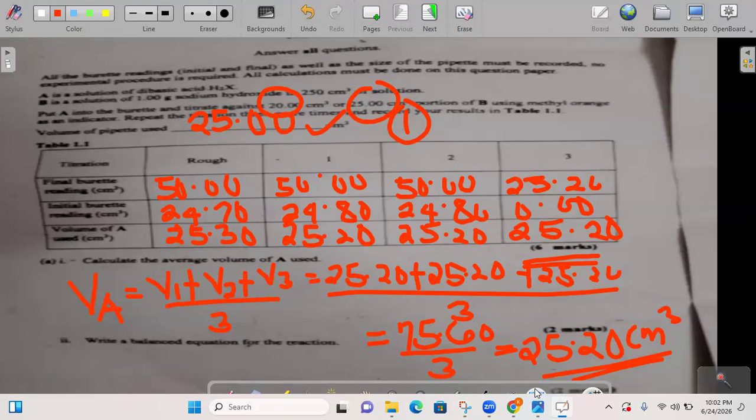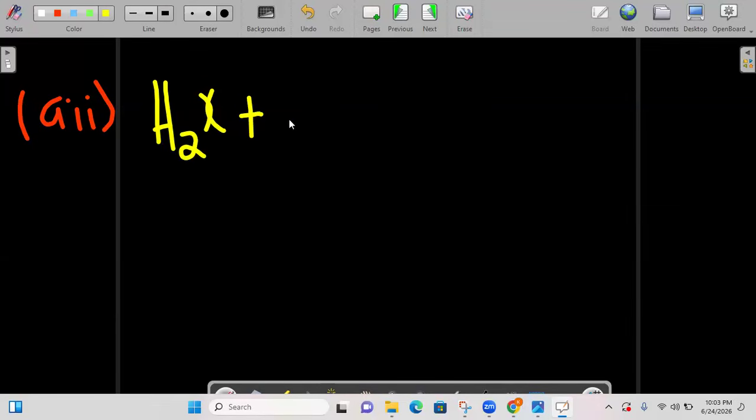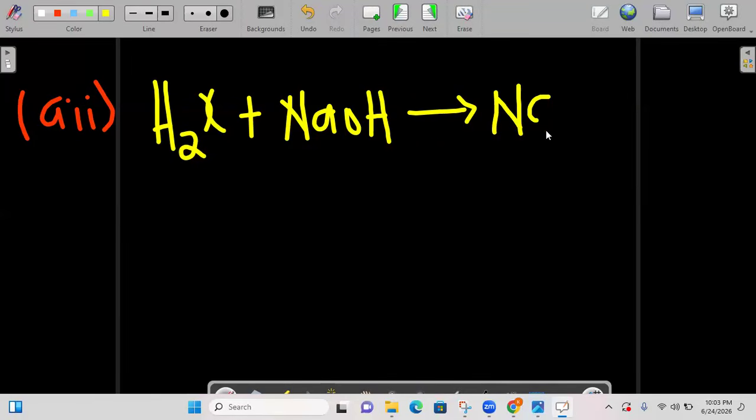Question A, Roman figure 2, he said we should write a balanced equation for the reaction. Look at the acid here. The acid is H2X and the base is sodium hydroxide. So what would this give us? Na2X plus H2O.